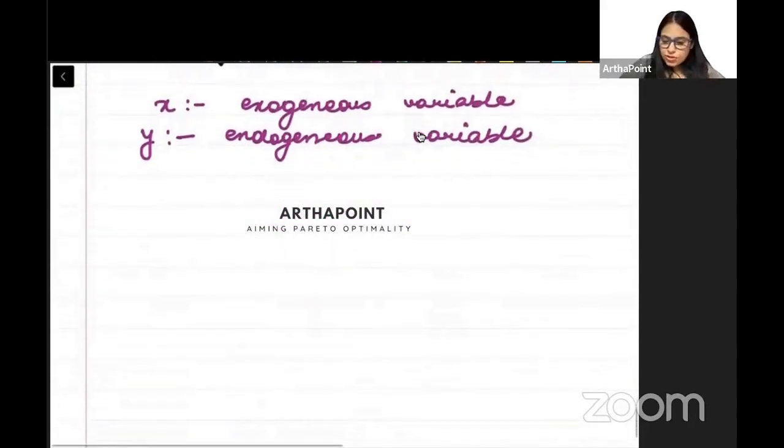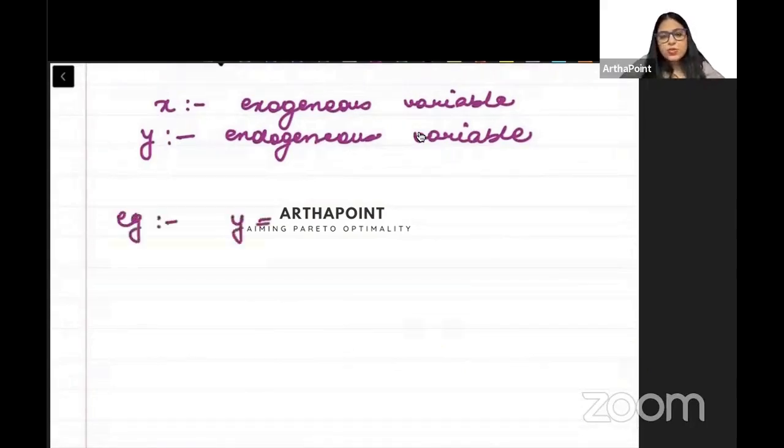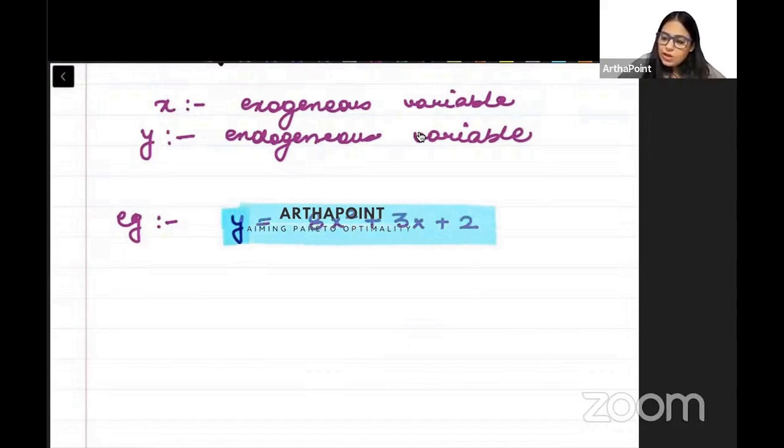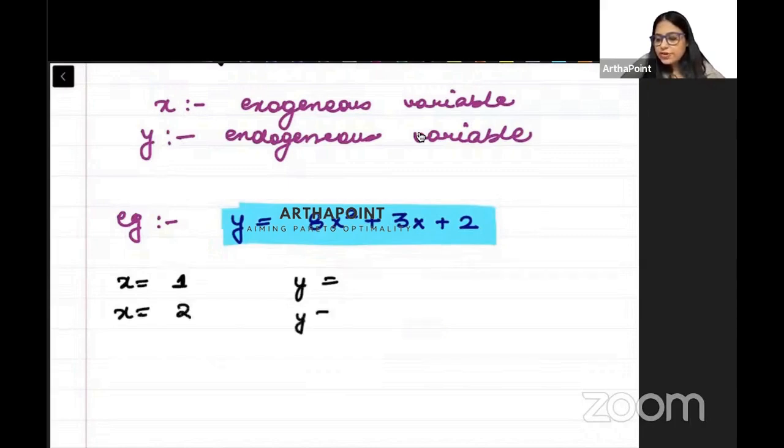Let's take examples of a function. Example: y is equal to 8x square plus 3x plus 2. That means y is dependent on the value of x. When you put x as 1, you will get one particular y. When you put x as 2, you will get a different y. So here you will get 8 plus 3 plus 2, 13.